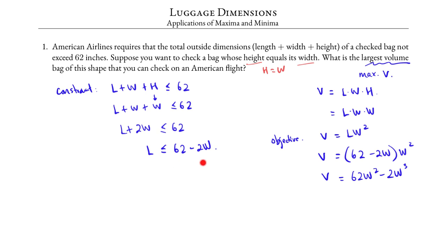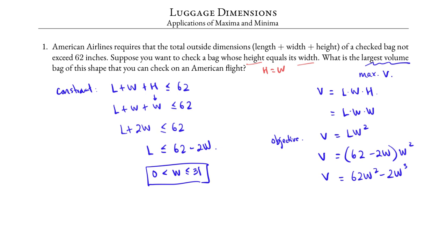By looking at this objective equation, we see that W cannot be over 31, because if it is over 31, then 2 times 31 will be more than 62, which will make the length negative, which is not good. This is the domain of the function.